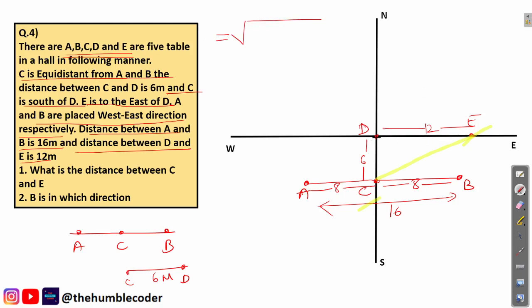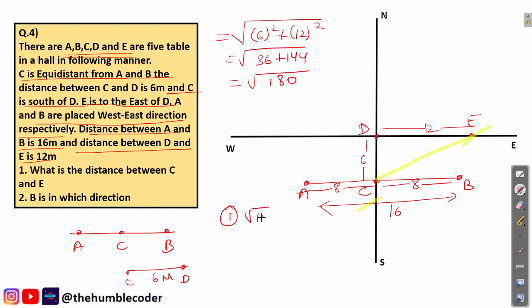So this is 12 and this is 6. So we will do 6 square plus 12 square. This is 36 plus 144, and when we add this up, we get 180. So the correct answer for the first question is under root of 180.